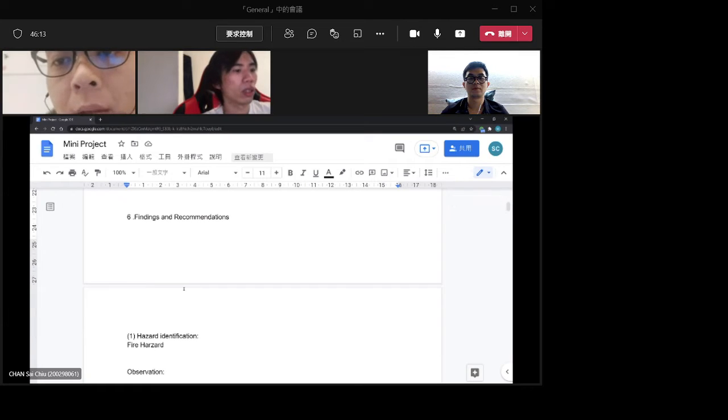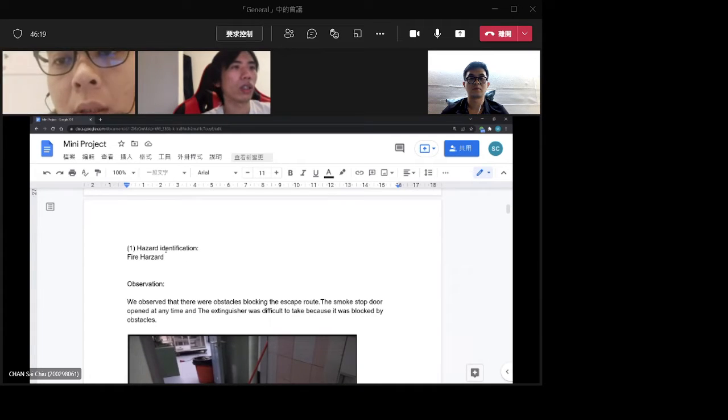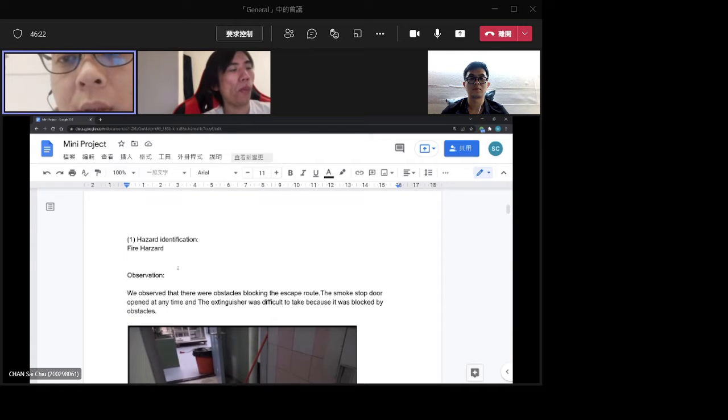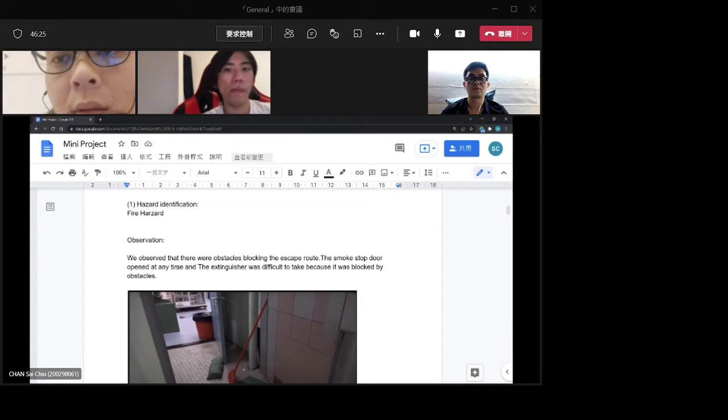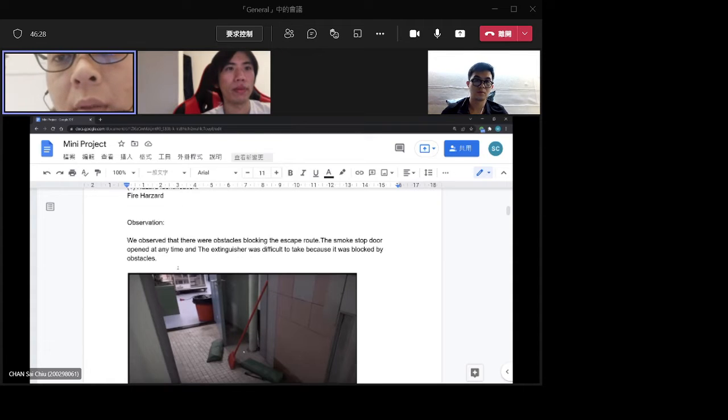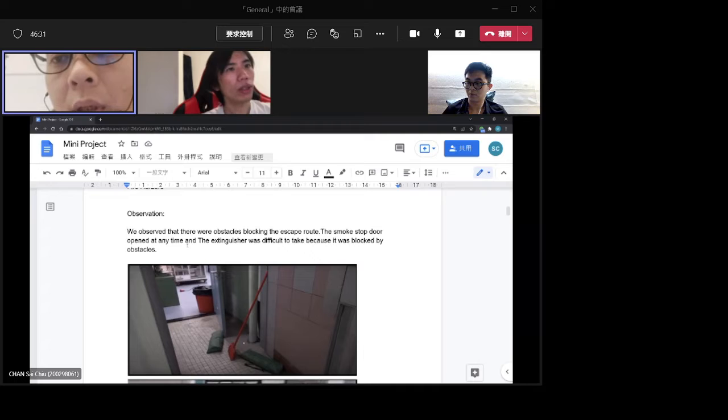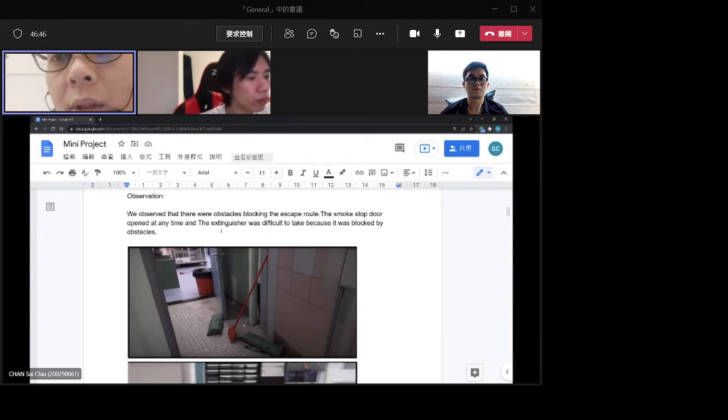6. Findings and recommendations. 1. Hazard identification. Fire hazards. Observation. We observe that the fire exit was blocked, the small store door was open and tight, and the exit was difficult to take because it was blocked by exposed items.